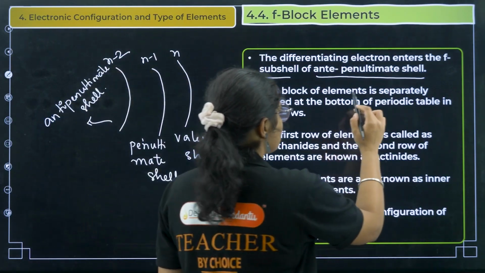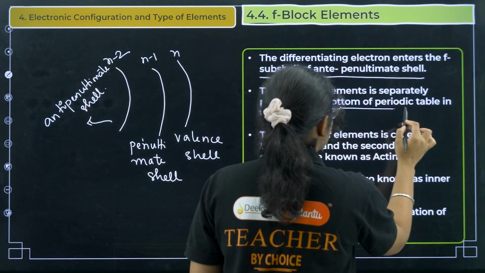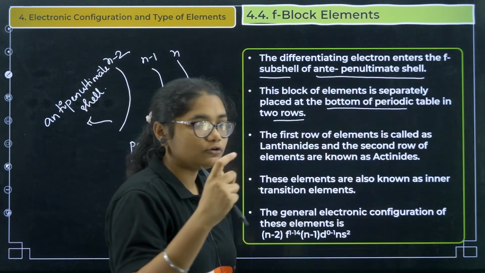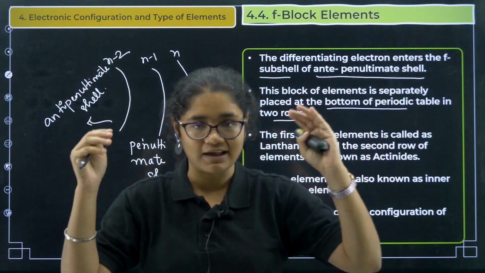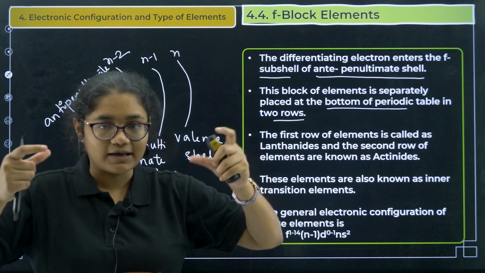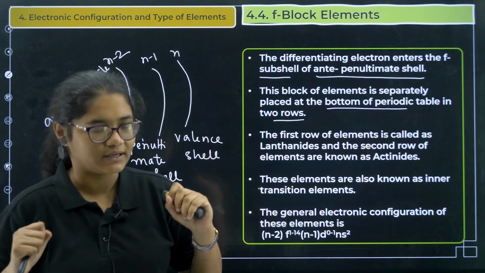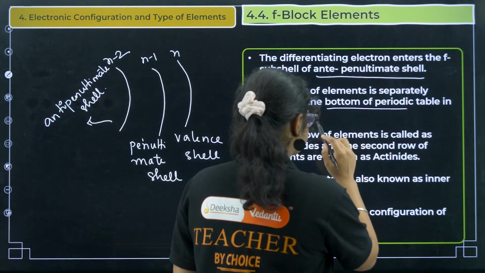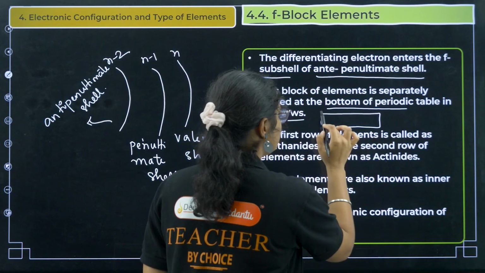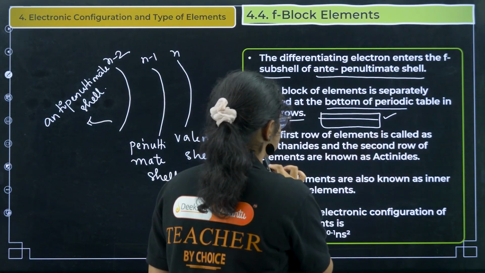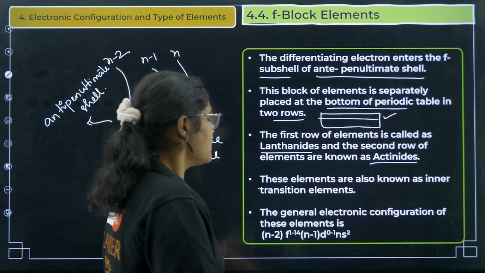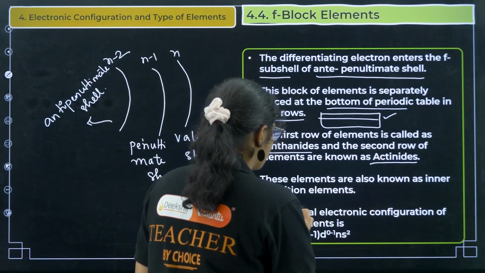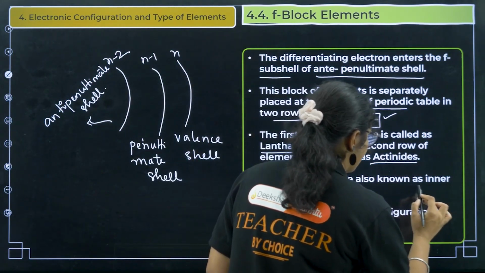Now, this block of elements is separately placed at the bottom of the periodic table in 2 rows. We have done s block, we have done p block, in the middle we have d block, and these f block elements are placed below the periodic table. The first row is called lanthanides and the second row is called actinides.